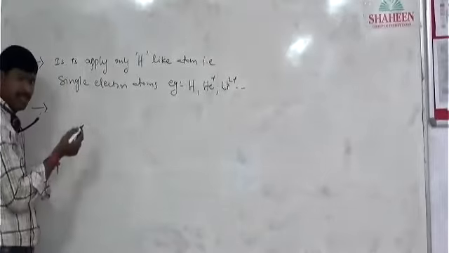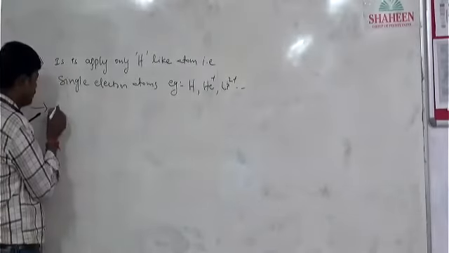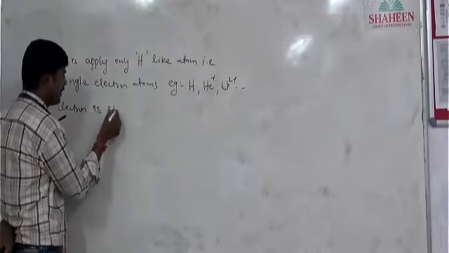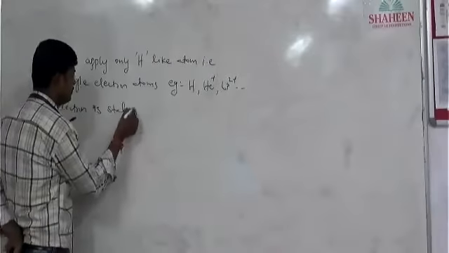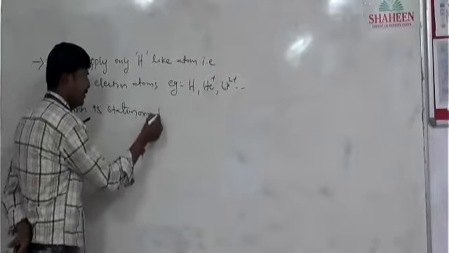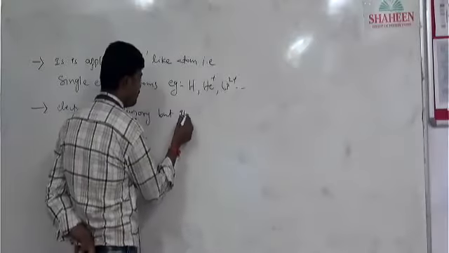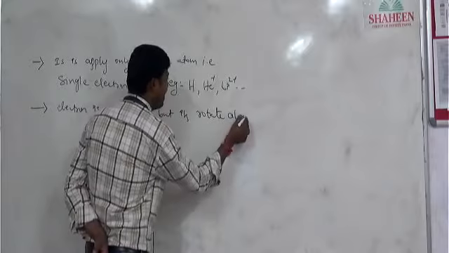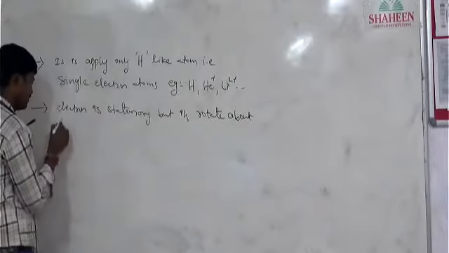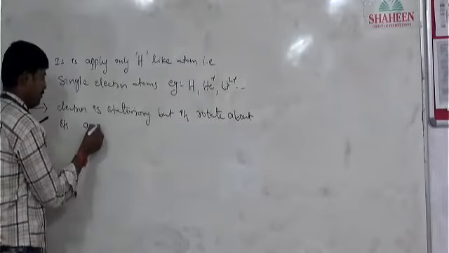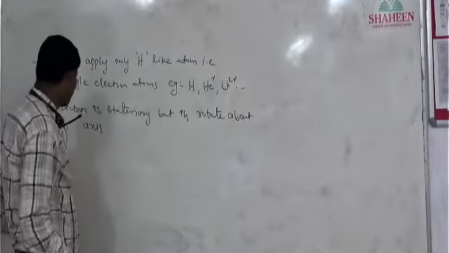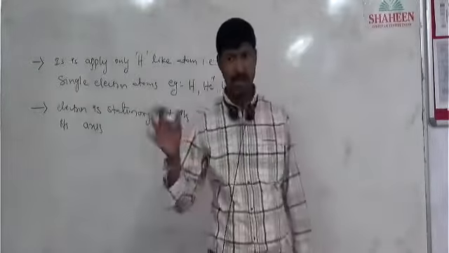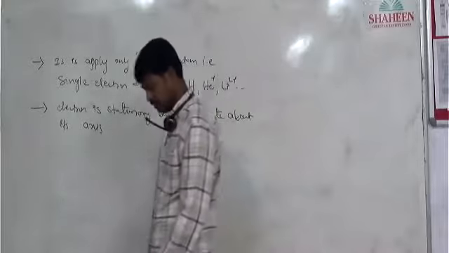So he said the electron is stationary, but it rotates about its axis. The second drawback is that he did not give any explanation about the rotation of the electron.